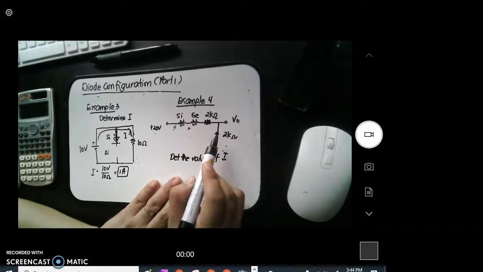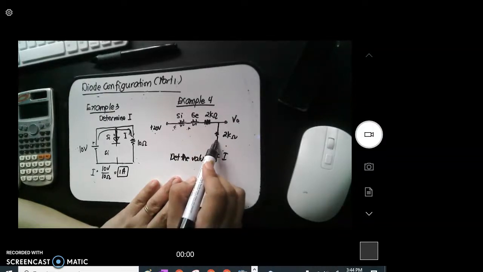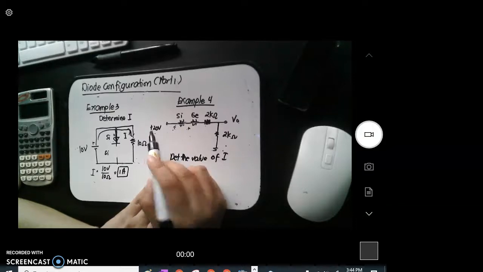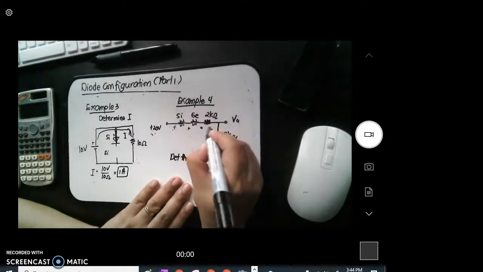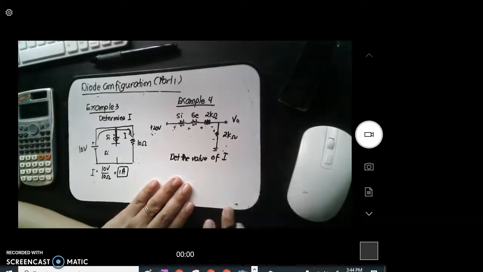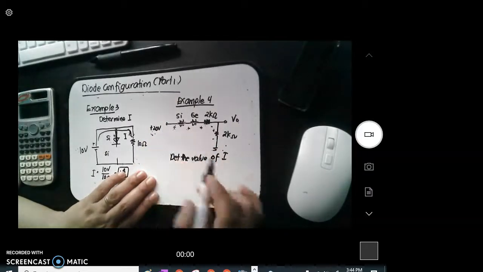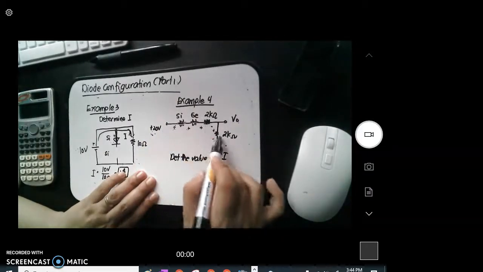What about the polarity of the voltage drop across your 2 kilo ohms and another 2 kilo ohms? Since this is your supply voltage, the voltage drop will be positive here and negative there. This will be positive and that will be negative. So, that is now the voltage drop across the 2 kilo ohms.